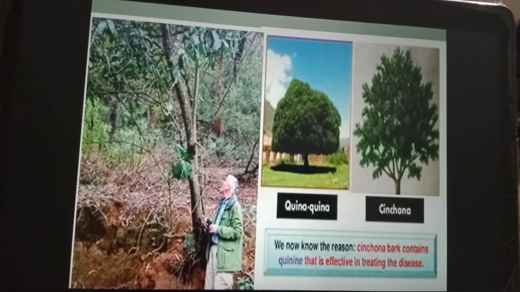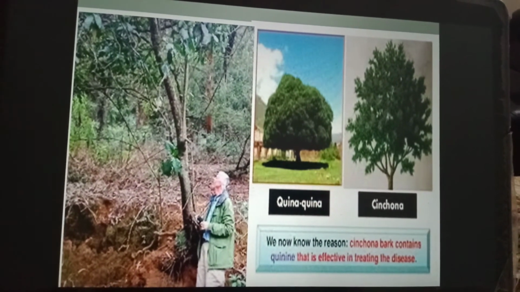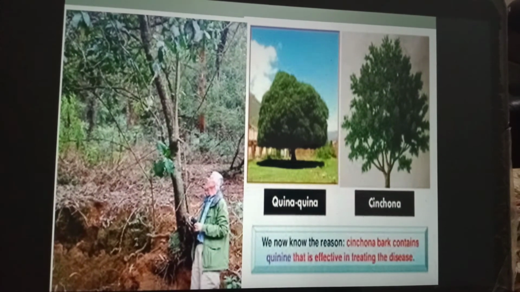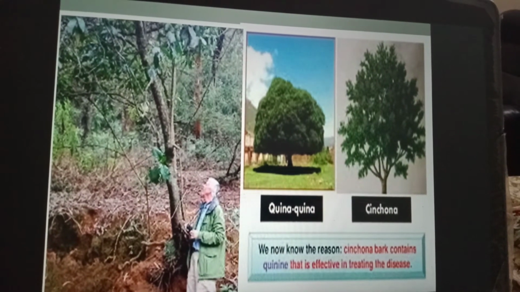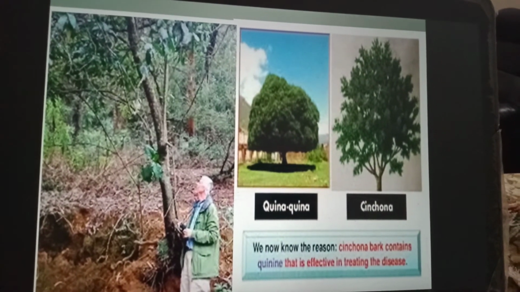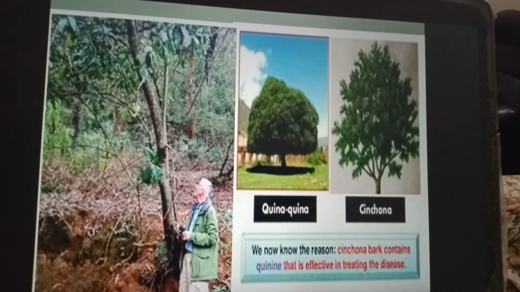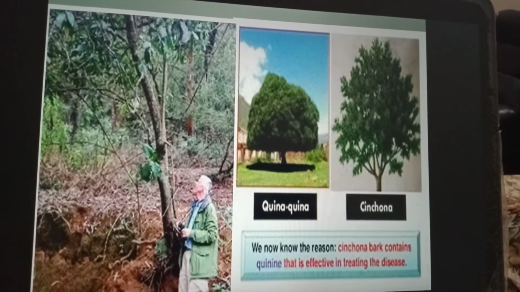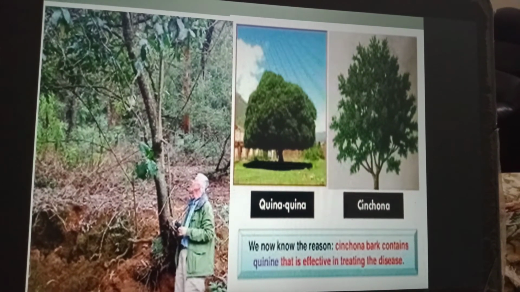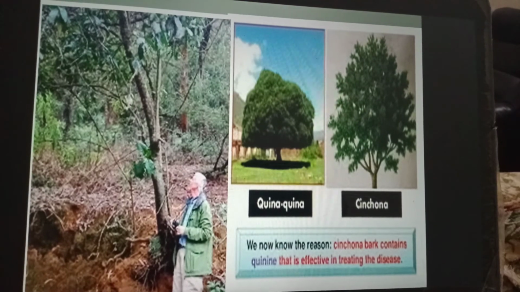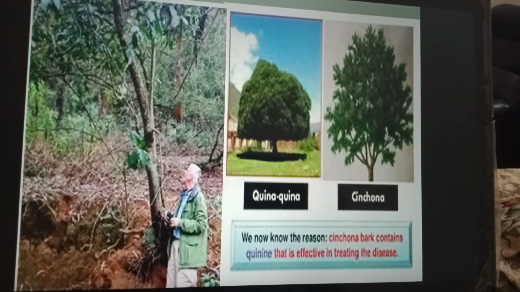Some dishonest merchants began to substitute the bark of another tree, cinchona, which closely resembled quinquina, and this dishonesty proved very valuable for mankind. Cinchona bark was found to be excellent for treating malaria. We know that the reason is that cinchona bark contains quinine, which is effective in treating this disease.